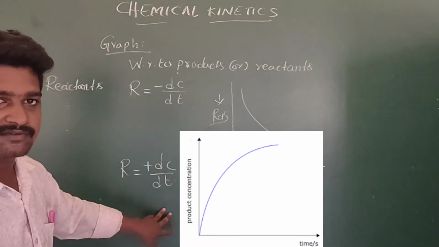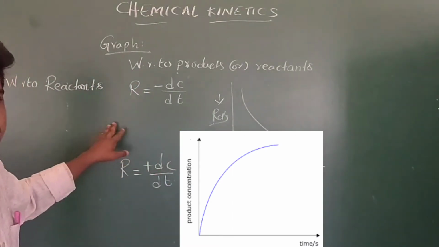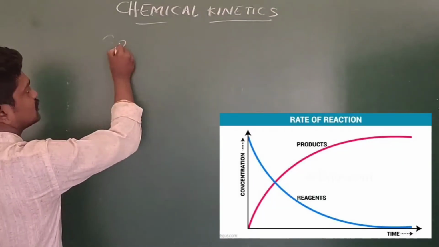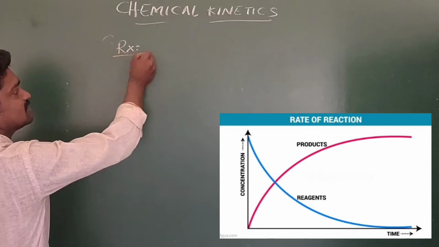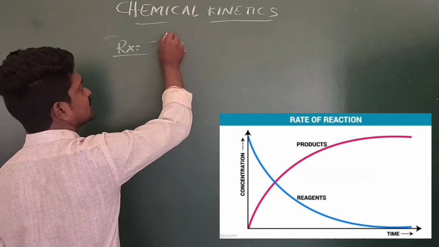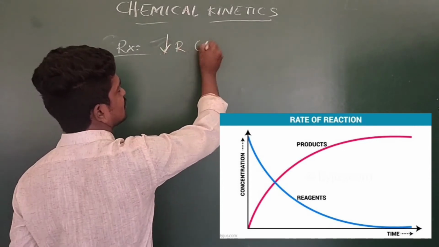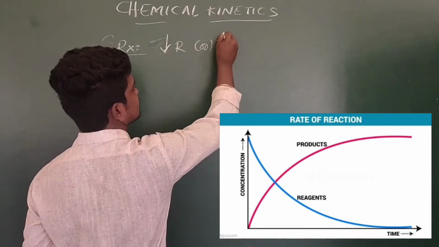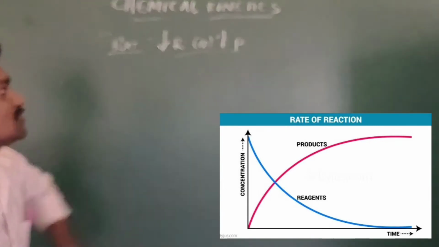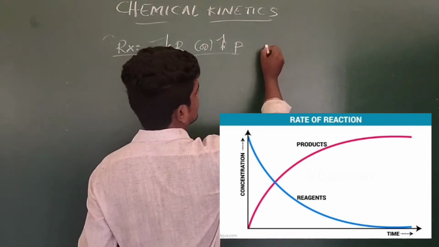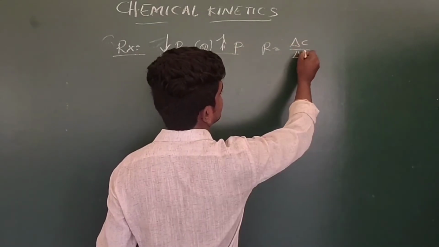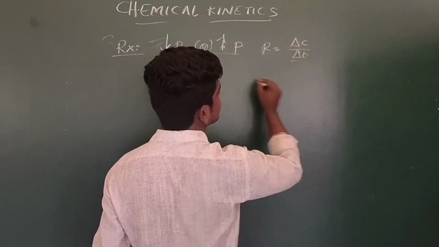Here are the graphs, just illustrating for you. So for rate of reaction, we know the decrease in reactants or increase in products, so R is equal to delta C by delta T. It is the rate of reaction.